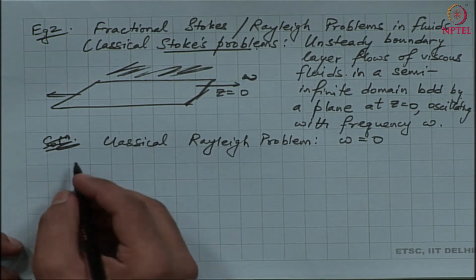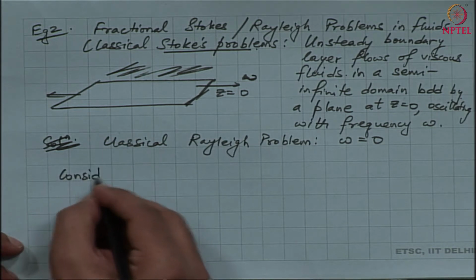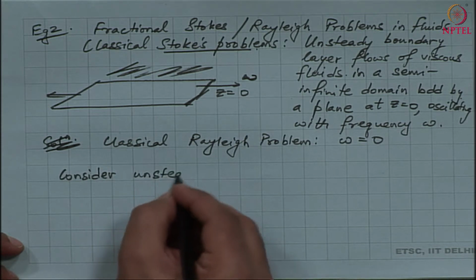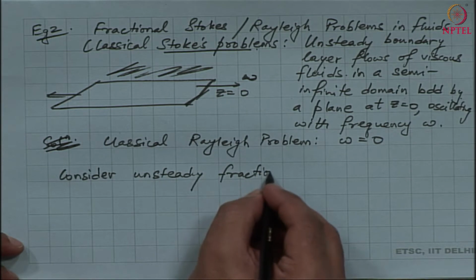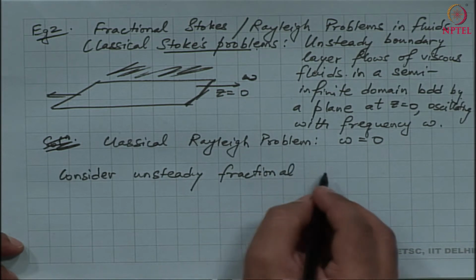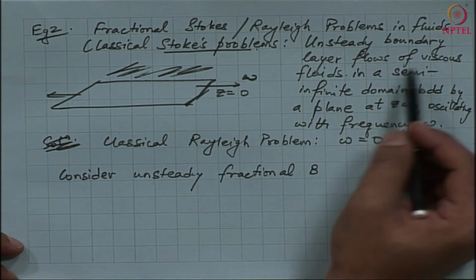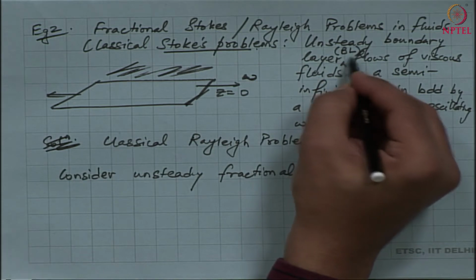So, the equation that I am considering, let us describe the behavior of the flow. We have an unsteady fractional boundary layer equation. Let me call the boundary layer as shorthand notation BL.